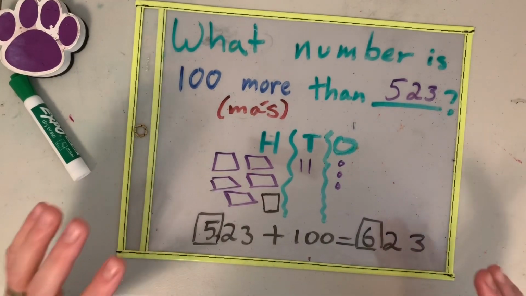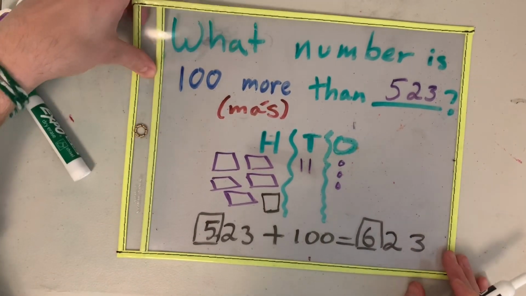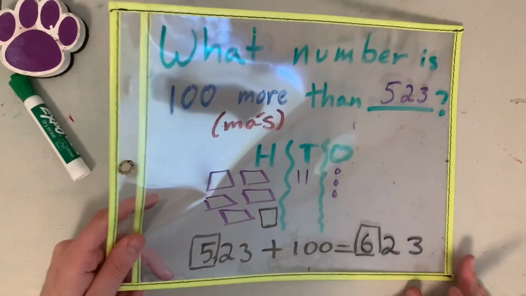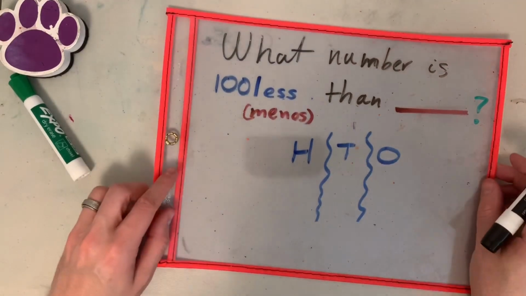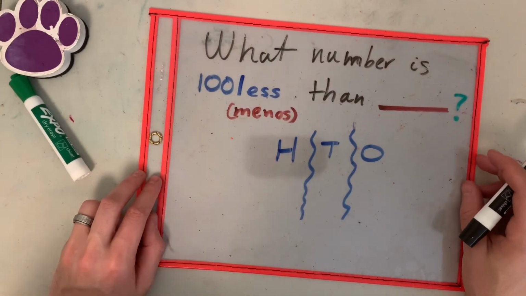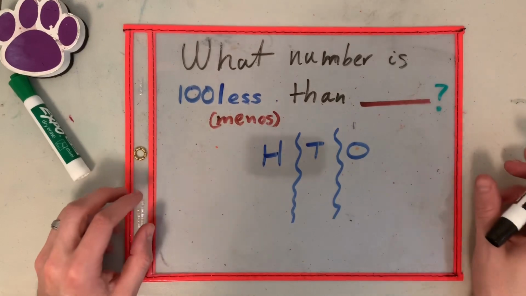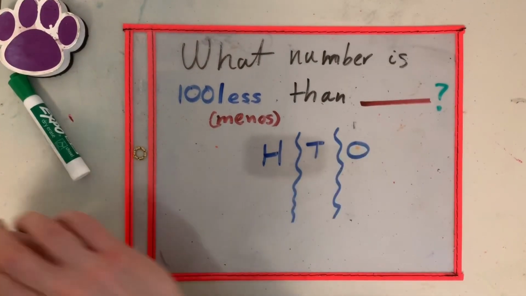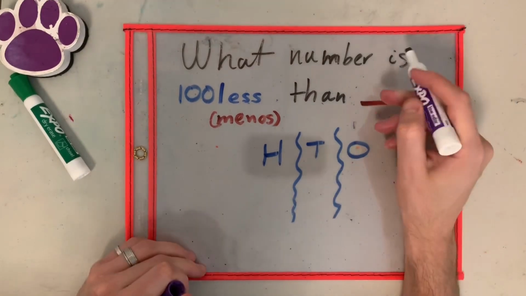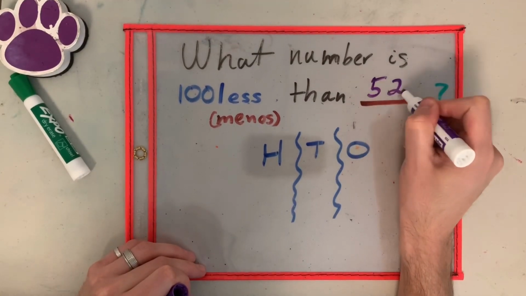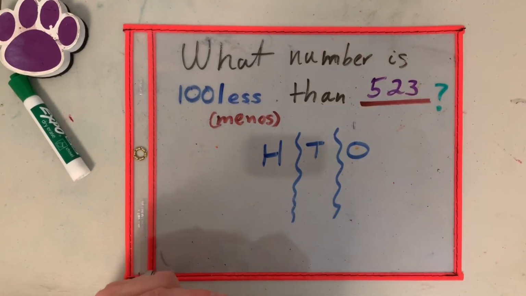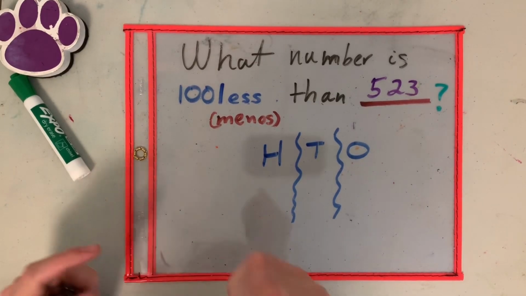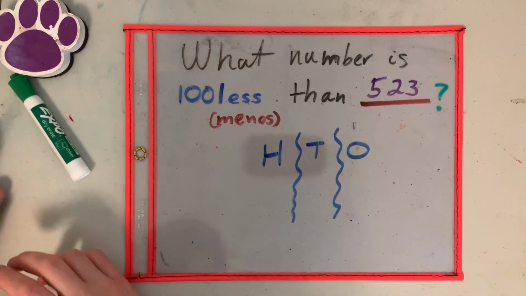Now, we're doing the same process, but we're doing it with 100 less. And here says, what number is 100 less than my number that was 523. This is the number of the day for me. Remember, you're creating your own number of the day.